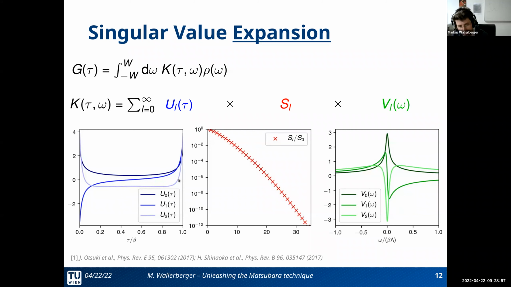But the crucial point here is these singular values. What you see, and that is a generic feature of these sorts of kernels, is that these singular values decay very, very quickly. In other words, you have here 10 to the 0, and here you have 10 to the minus 12 in 30 or 35 singular values. So they decay very quickly.